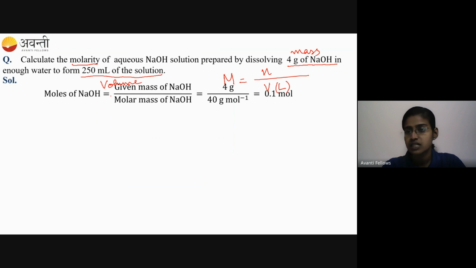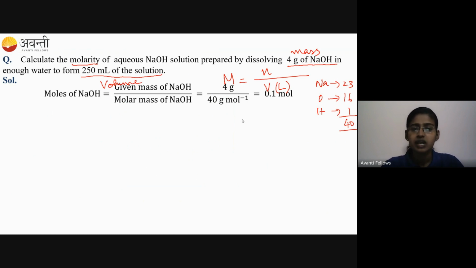The given mass is 4 gram and the molar mass of sodium hydroxide is 40, because for sodium the atomic mass is 23, for oxygen it is 16, and for hydrogen it is 1. If you add all these, you get 40. When we divide, we get 0.1 mole as the number of moles of NaOH.